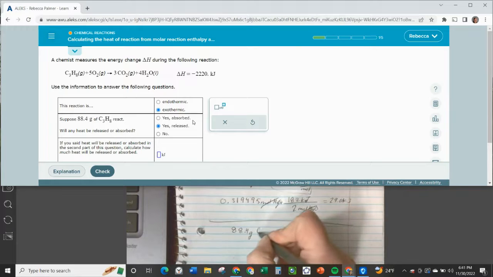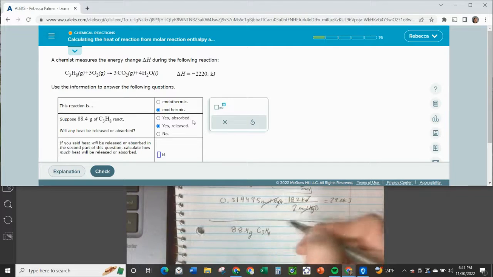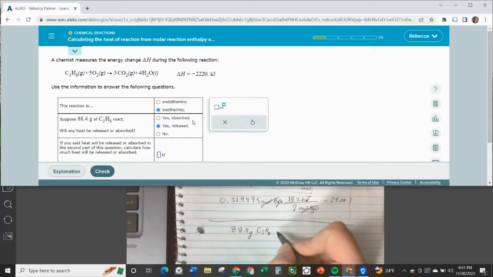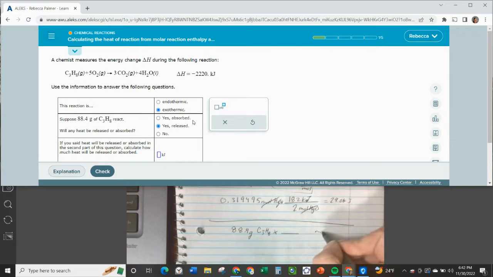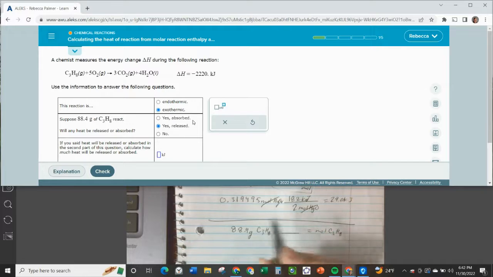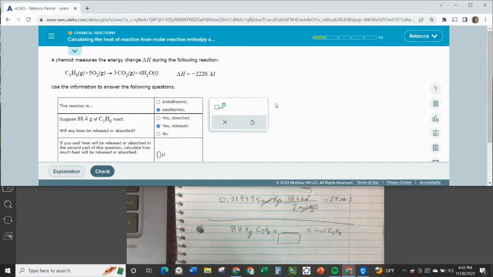88.4 grams of C3H8 react. We need to figure out how many moles of C3H8 that is. So I need my molar mass. Grams is on the top, so I'm going to put the molar mass on the bottom.